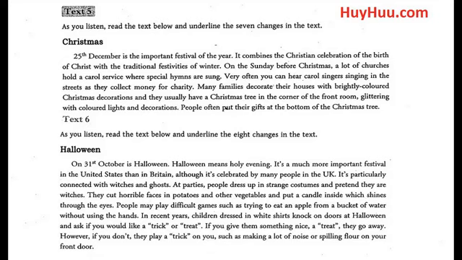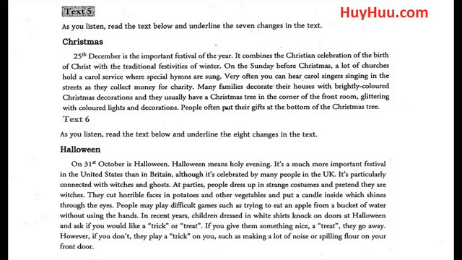Sometimes you can hear carol singers singing on the streets as they collect money for charity. Most families decorate their houses with coloured Christmas decorations, and they usually have a Christmas tree in the corner of the front room, glittering with coloured lights and decorations. People put their gifts at the bottom of the Christmas tree.